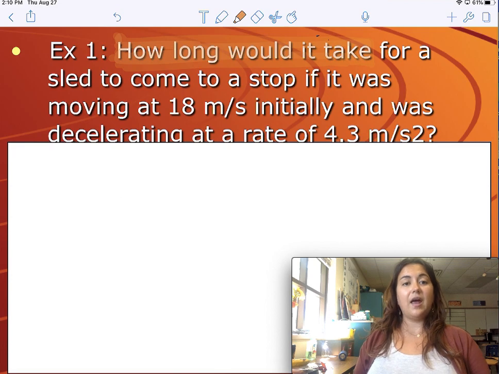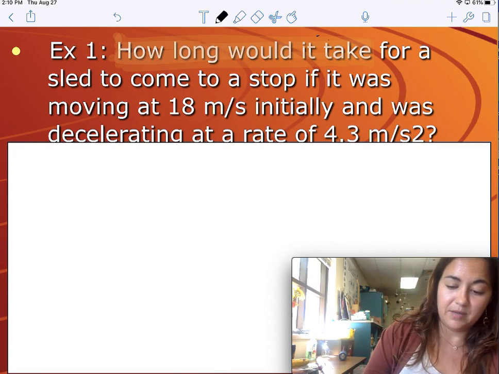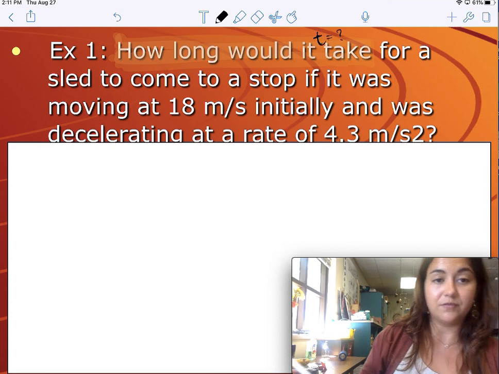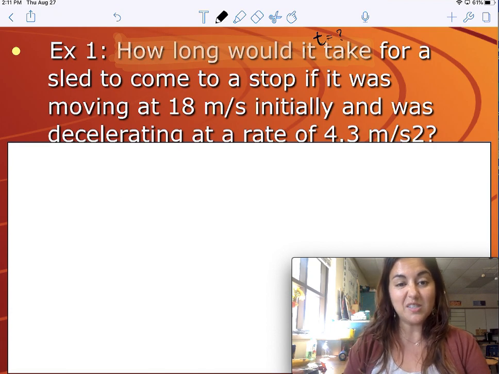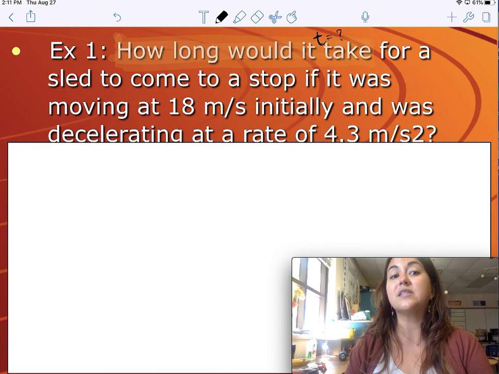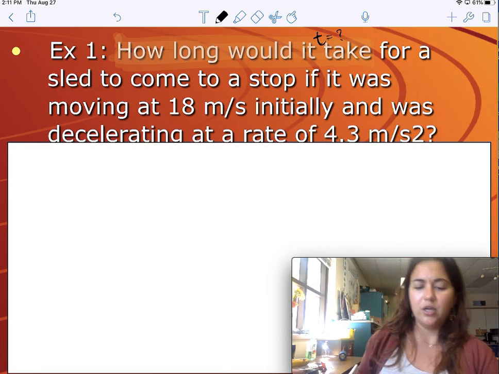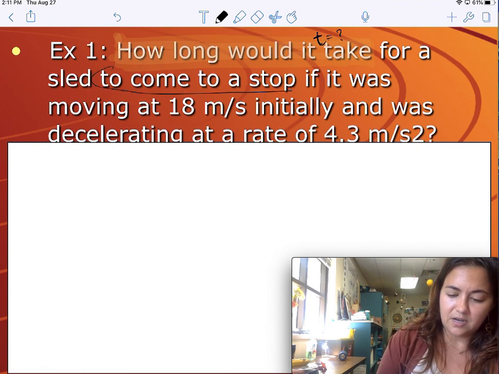So, for instance, how long would it take? That is a time, except they didn't tell us time. They are asking us to solve for time. So that's my question mark. And I know that seems silly to write down. Trust me, it will help when you're picking out an equation. Please take note of it. So how long would it take for a sled to come to a stop?